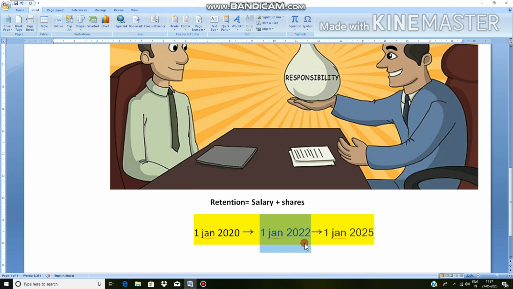After servicing 2 years, the company offers that grant letter, but still the company has not provided you the shares. There is a condition.